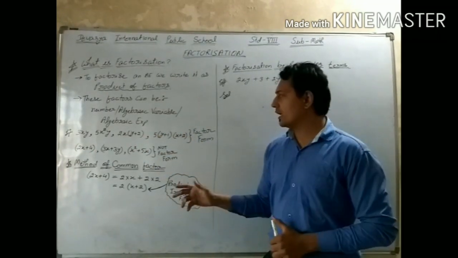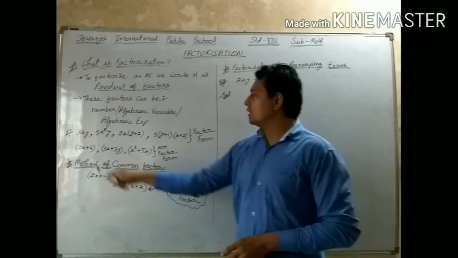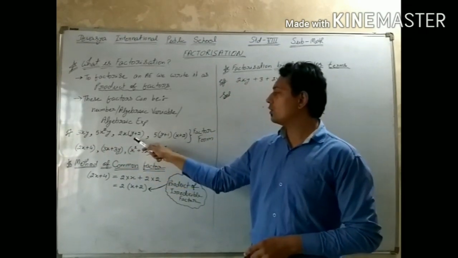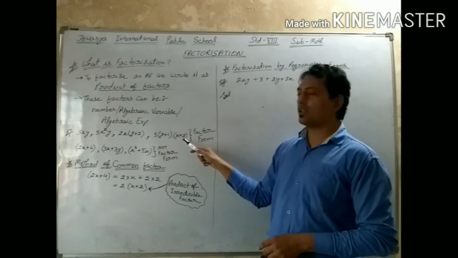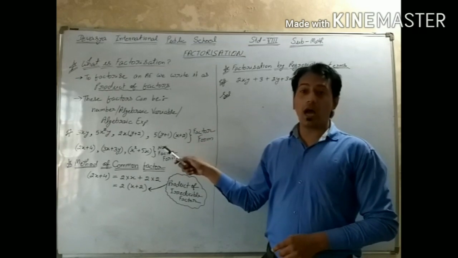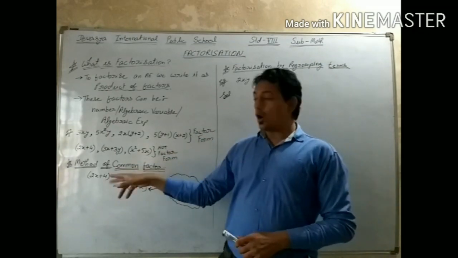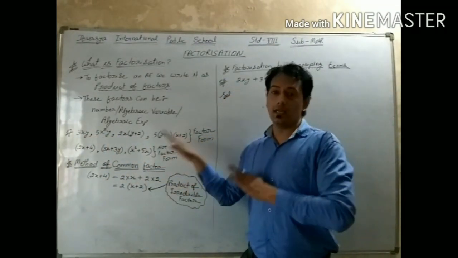So let's just take an example. I have written some of the algebraic expressions here. See, 3xy, 5x square y, 2x into y plus 2, 5 into y plus 1 into x plus 2. These are some of the algebraic expressions here. Now these algebraic expressions are actually called the factor form. Why? Because the factors of these algebraic expressions can be found out by simply looking at it, right?